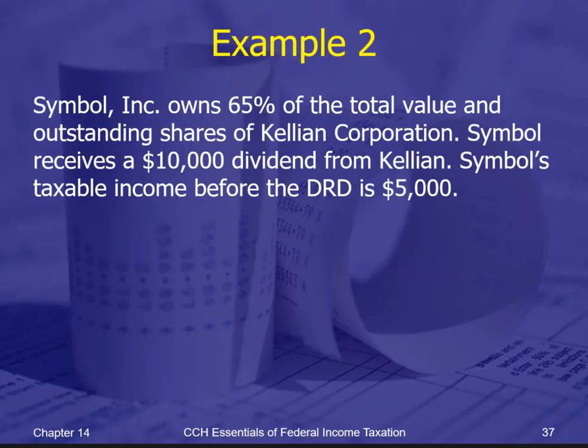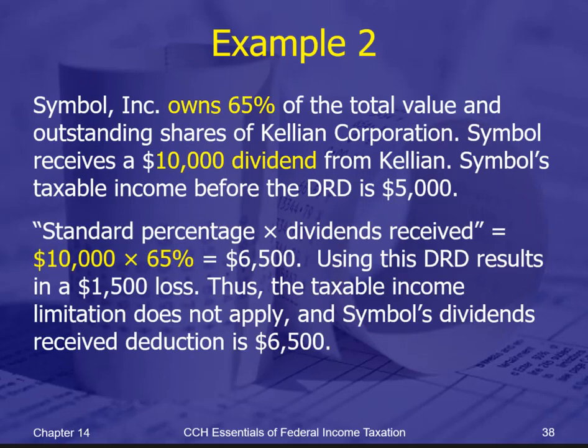So for example, with 65% ownership, a corporation receives $10,000 in dividends. Its taxable income before DRD is $5,000. The standard percentage would be $10,000 times 65%. Using this DRD results in a $1,500 loss. If it results in a loss, you do not have to look at the other method of calculating it. You are just finished. The dividends received deduction is the set $6,500.